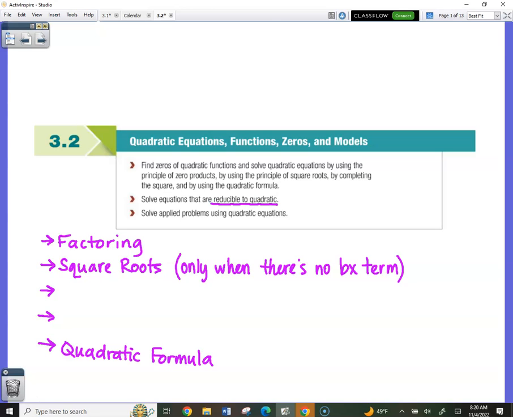So square roots is nice and easy and short and sweet, but it doesn't work every time. You can, of course, solve by graphing. Go to your calculator, enter it in y equals, and then do second calc. The x-intercepts are the solutions.